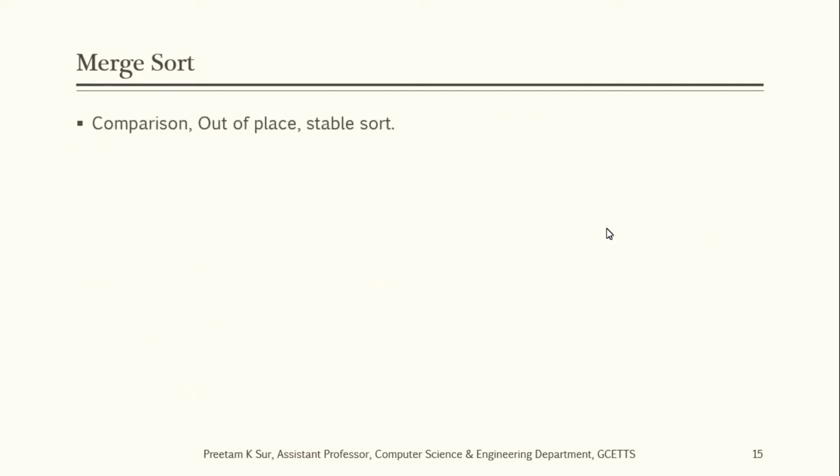So merge sort again is a comparison sort, because the sorting is done by comparing the values of the elements of the array, right? But it is an out of place sort. So this is the first out of place sorting algorithm that you are looking at. If you remember the algorithm, when we are merging the two parts, left subarray and right subarray, we are putting the smaller element into an output array, right?